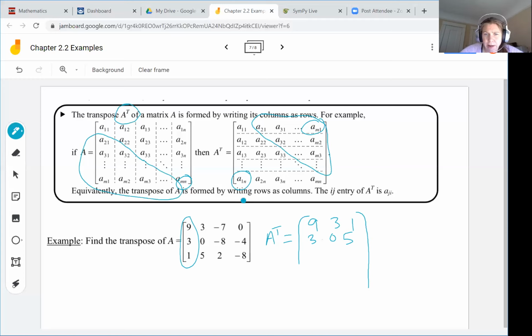And then -7, -8, 2 in the next row. And 0, -4, and -8 here in the last row. So A was a 3x4 matrix, and A transpose is now a 4x3 matrix.